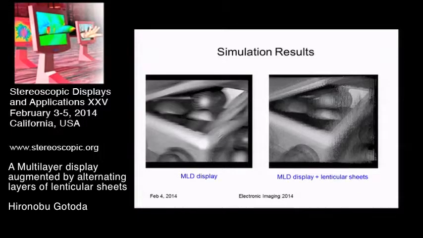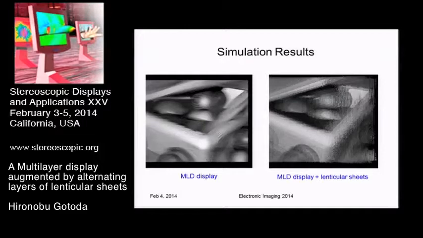So I'm going to show some results of computer simulation. On the left, there's an image produced by a conventional multilayer display. And on the right, the image is reproduced by a multilayer display augmented by lenticular sheets.